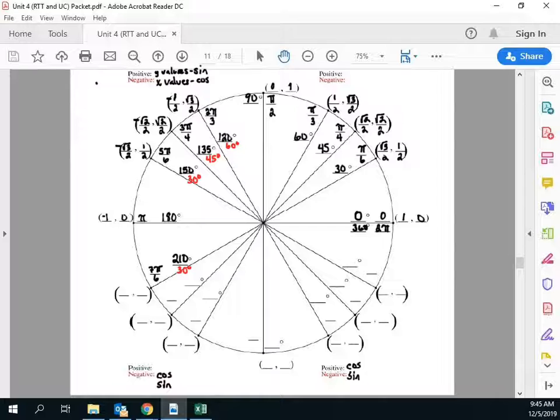So the coordinates are what? What's the coordinates for 30 degrees? Root 3 over 2 and 1/2, and we're in the third quadrant, so both of them are negative.